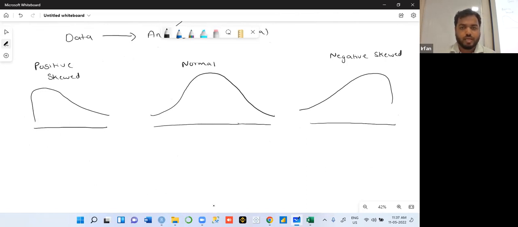Now, can I say skewness only gives you the idea whether data is normal or abnormal? Can we say how much percent of the data is normal from here? No. If data is normal, then how much percent is normal?